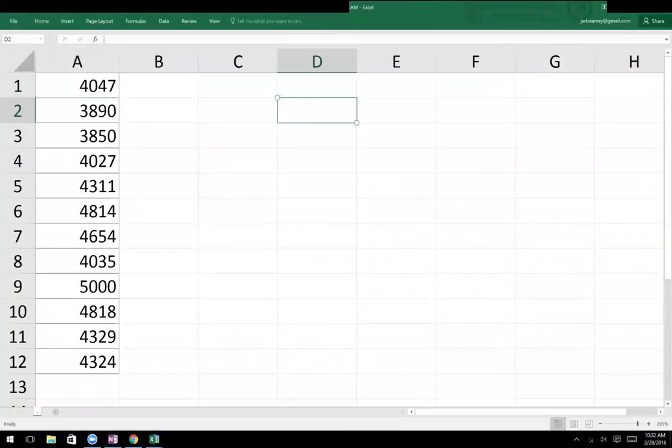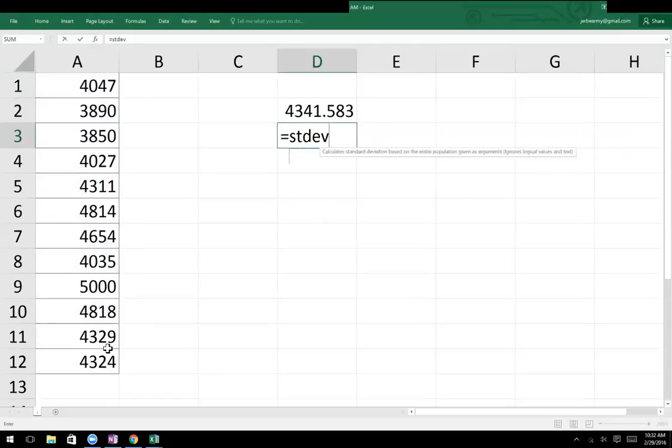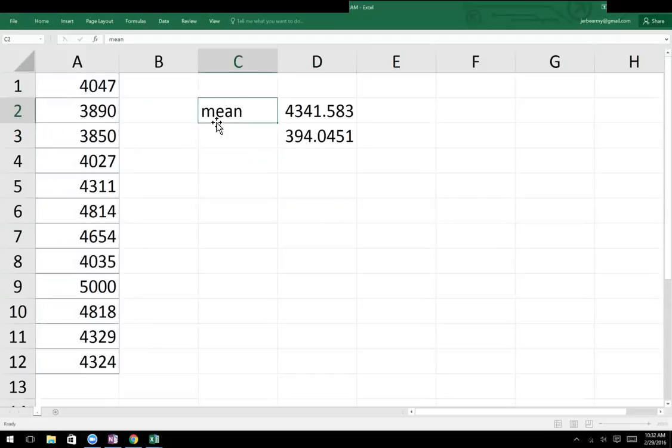All right, so first things first, we always have to get the mean and the standard deviation, so let's do that. All right.